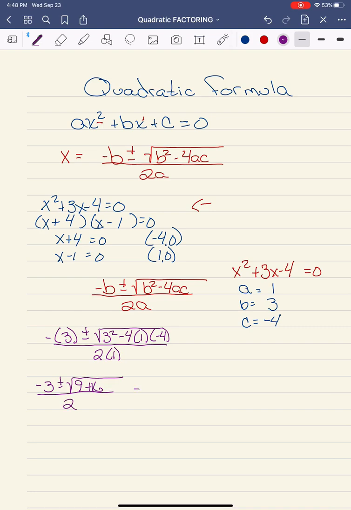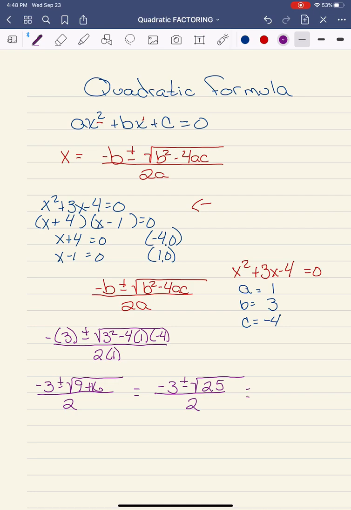From here, I'm going to clean it up some more. I'm cleaning up under my radical sign. 9 plus 16 is 25, all divided by 2. Okay.